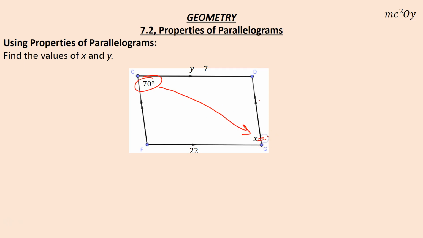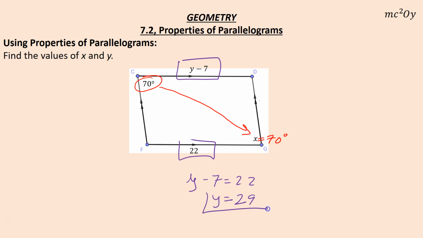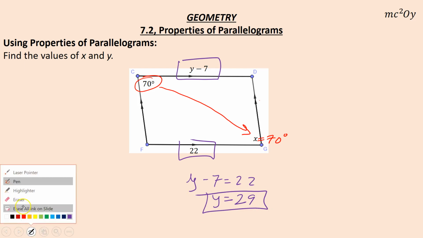So in this case, x equals 70 degrees. And y minus 7 is equal to 22. Okay, so y minus 7 equals 22. Therefore, y would have to be 29. Okay, so we have 70 degrees for x, 29 for y.